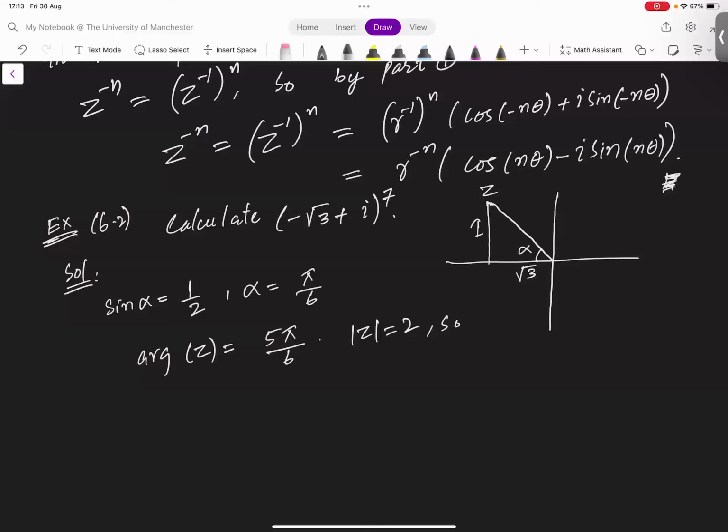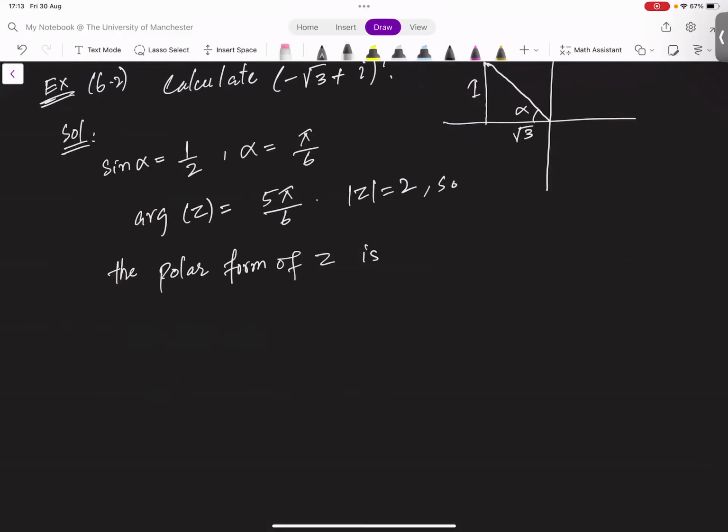So the polar form of z is 2 into cos 5 pi by 6 plus iota sine 5 pi by 6. Okay.